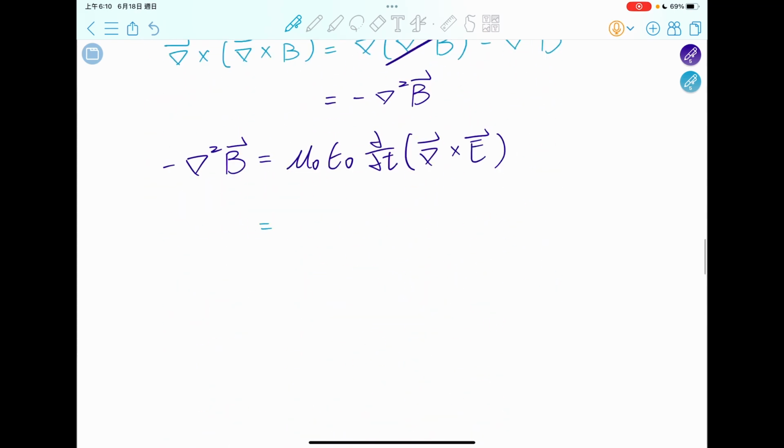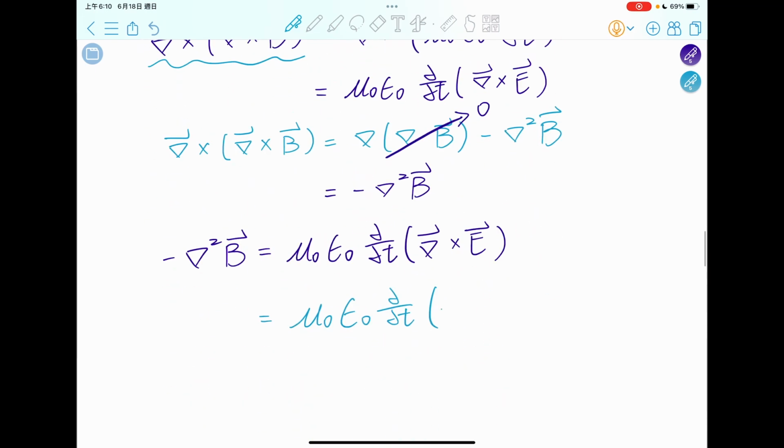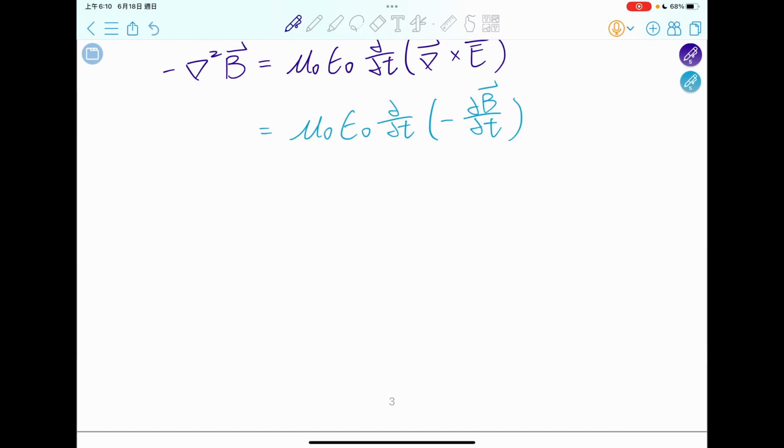We'll get it equal to mu naught epsilon naught times partial negative partial B partial t. And then we take out the negative sign and combine the two partial derivatives. We'll get it equal to negative mu naught epsilon naught times the second partial derivative of B with respect to t.